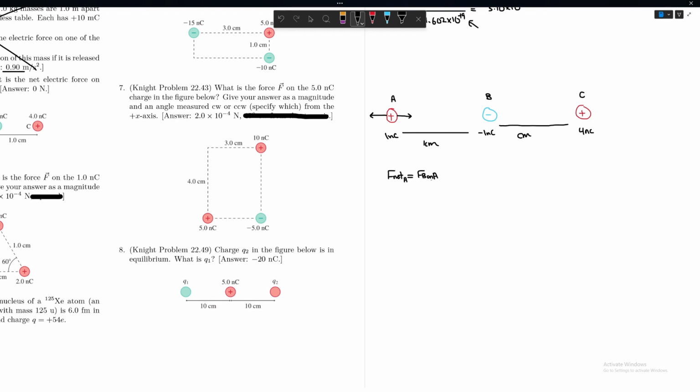Since you're subtracting one from the other in direction, what I always like to do is choose a direction, whether it's left or right. So I'm going to choose my negative to be left.